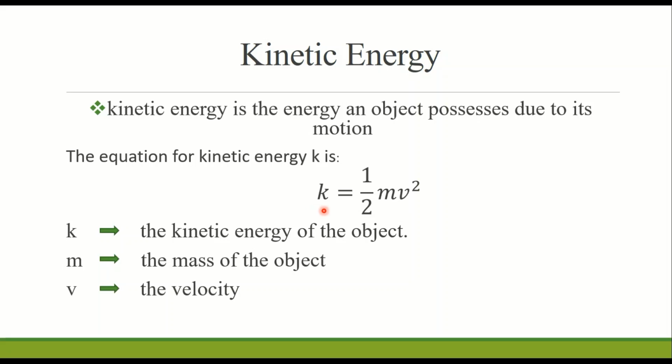Based on this connection, when an object is stationary, it's not moving, its kinetic energy is zero because its velocity is zero. And as the object starts to move and gains speed, its kinetic energy increases proportionally to its velocity and mass.